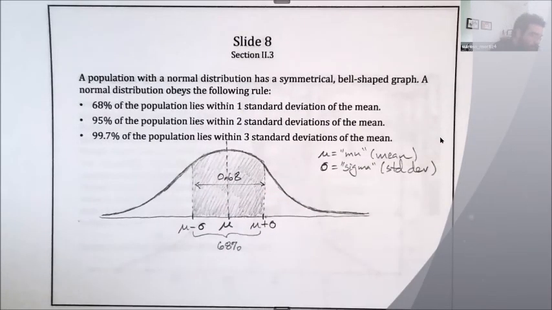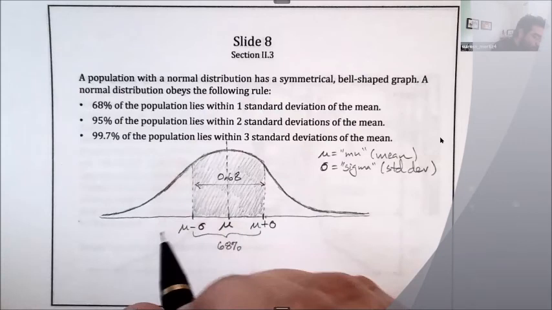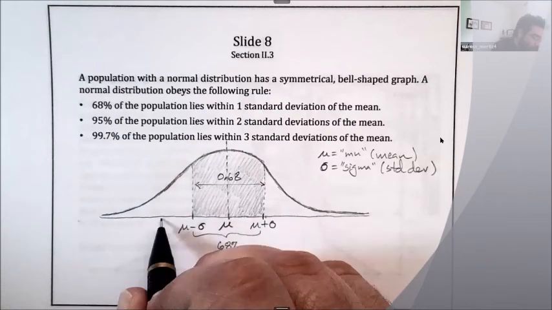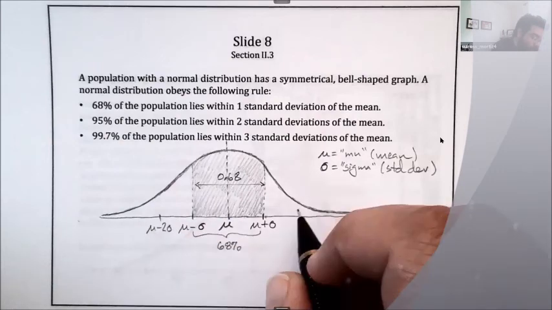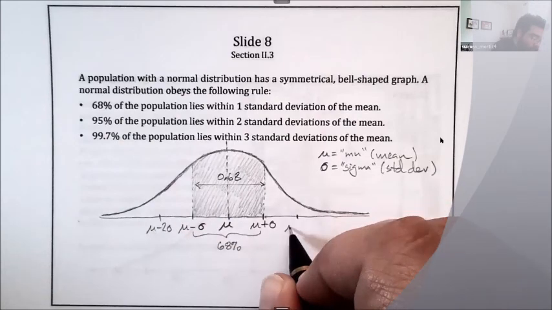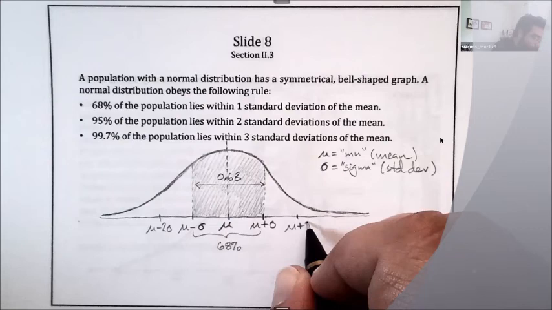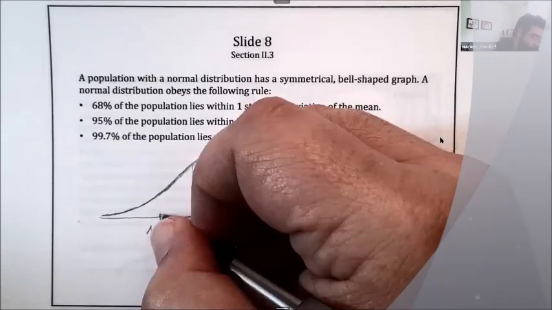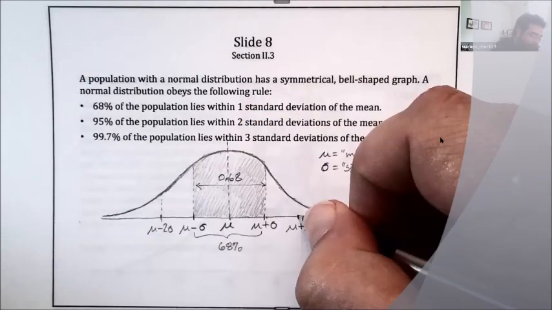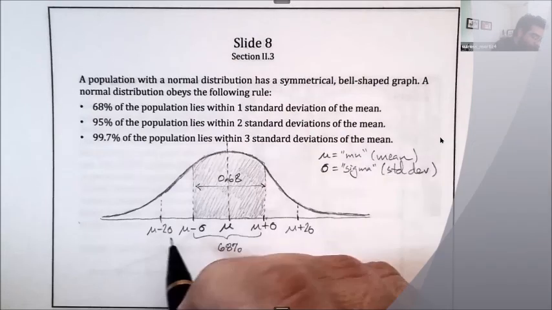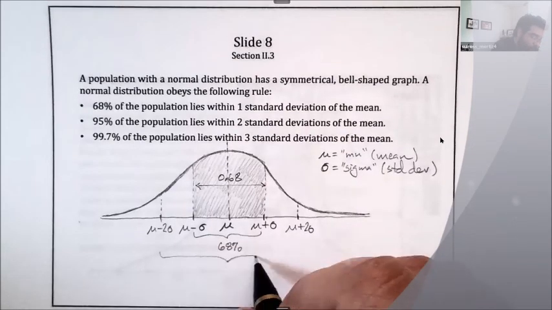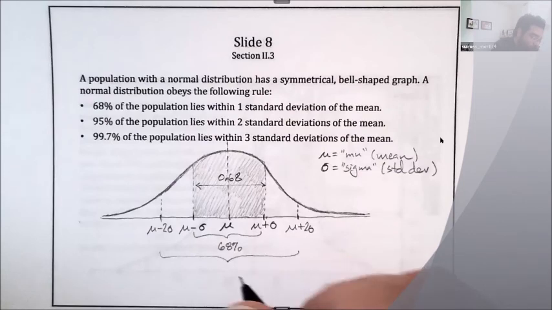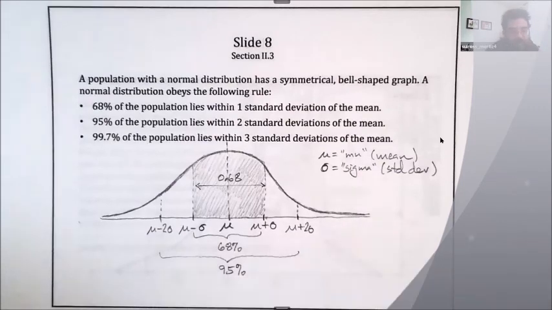Then 95% of the population is within 2 standard deviations of the mean. So that's mu minus 2 sigma, mu plus 2 sigma. So 95% of the data is within those two values.